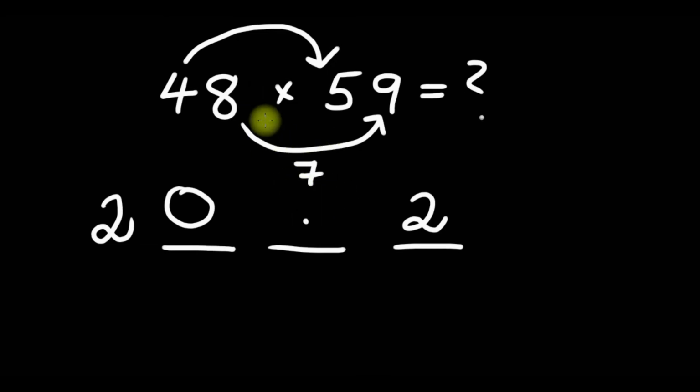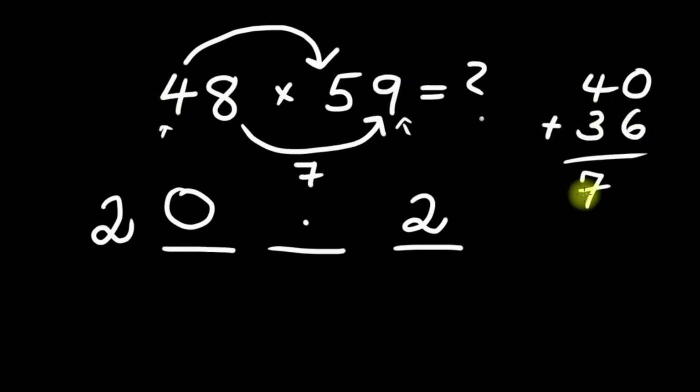To get the middle numbers, you multiply the inside numbers, then multiply the outside numbers, and then add those numbers up. So 8 times 5 is 40, and then 4 times 9 is 36. When you add those up, you get 76.